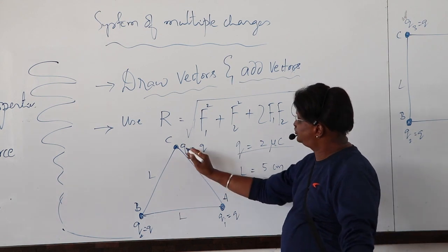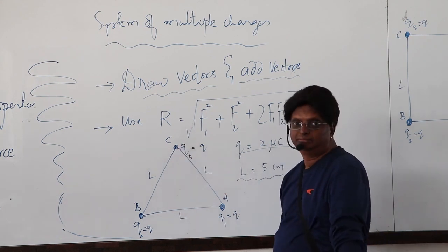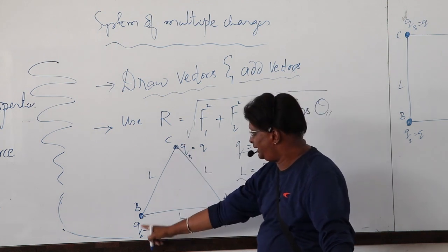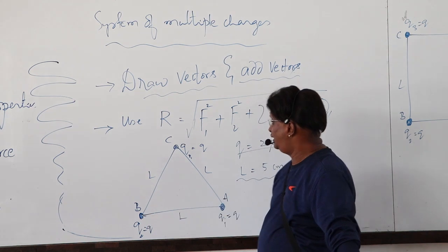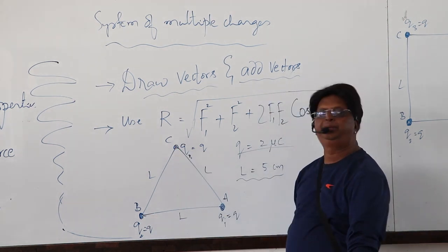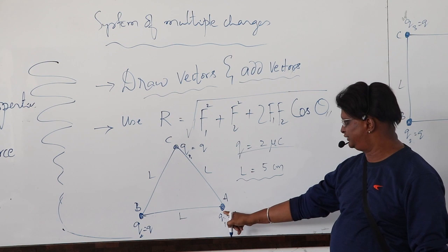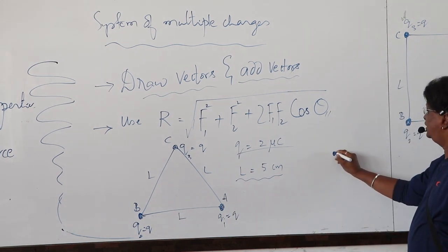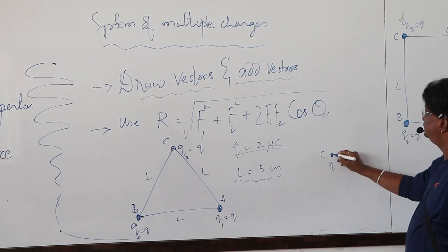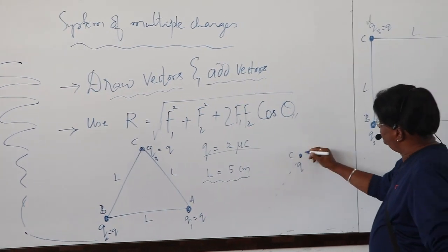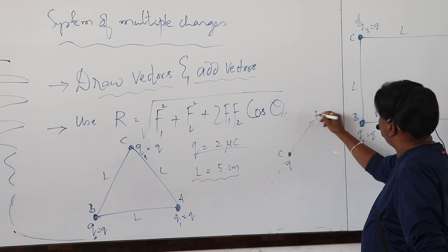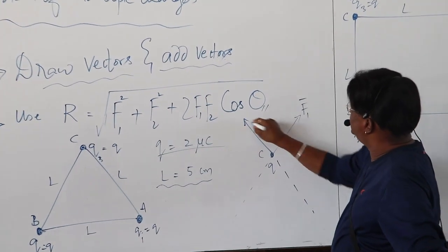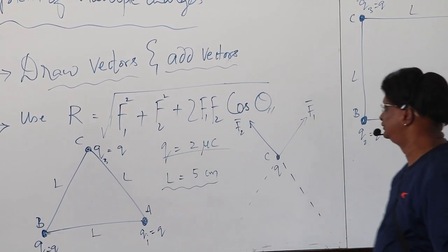Here I consider the charge at this vertex C. At C, this charge is repelled by the charge at B, and it also experiences a repulsion due to another charge Q1 at A. So if this is the charge at C, then this is the line along which I will draw one line. This is F1 bar, and this is another force, F2 bar.